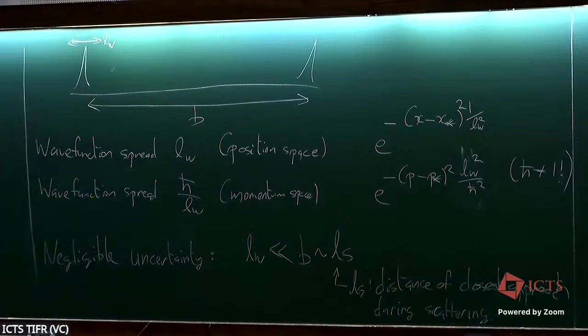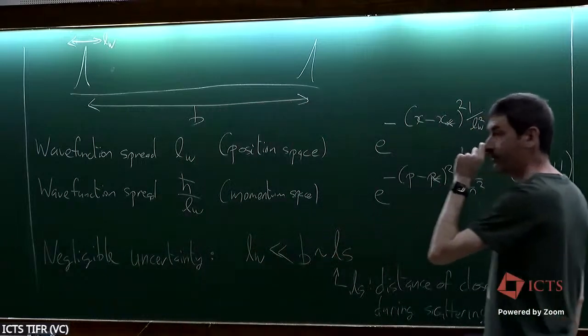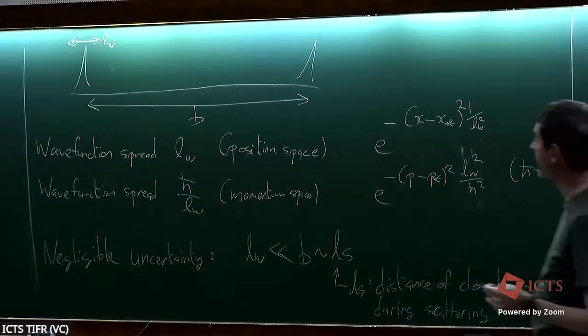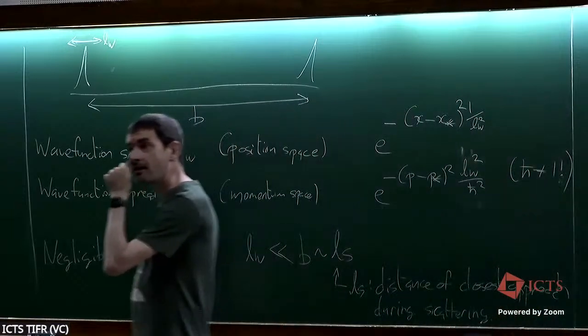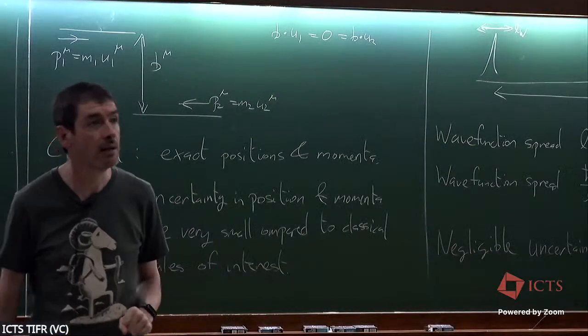Okay, but that's not the only inequality we should worry about, because I also want my momentum space wave packet spread to be small compared to classical scales of interest here. And in momentum space, there's a very obvious classical scale I care about, which is the mass.